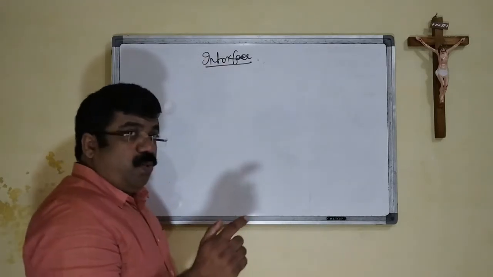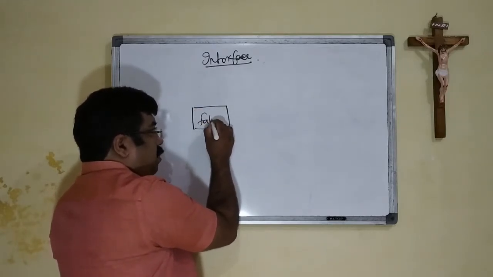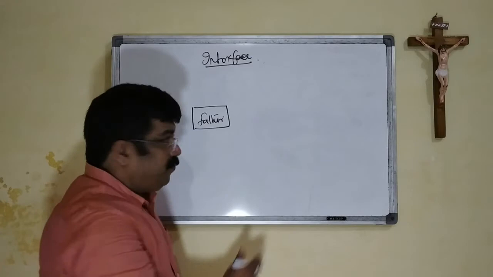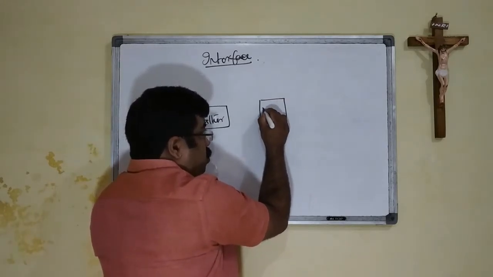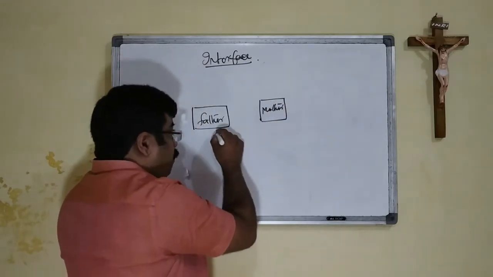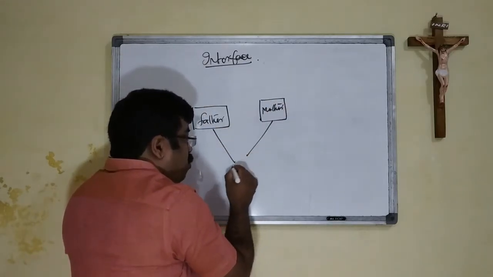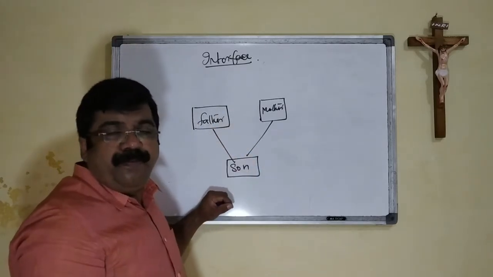Let us see. One base class we have is known as father. Another base class we have is known as mother. We are going to make a derived class known as son.